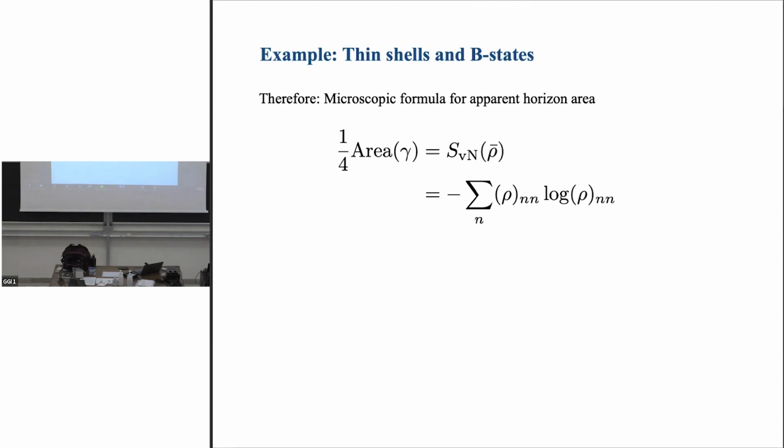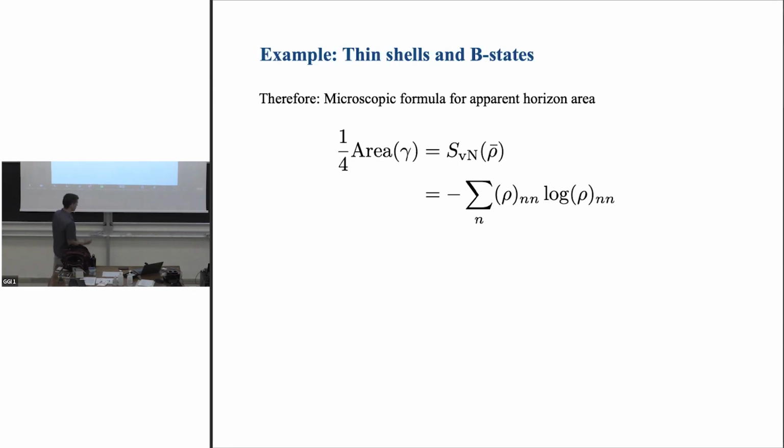I've written it this way, just as the diagonal contributions to the ordinary formula for the von Neumann entropy. But we could plug in the previous slide, and then we'd have a fairly explicit CFT formula. It's not quite explicit because of those erratic coefficients, C_n squared, but those don't affect the semi-classical answer. This is all in the semi-classical approximation.